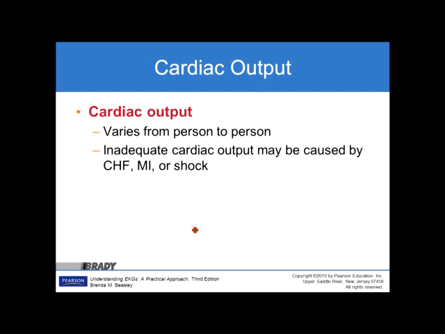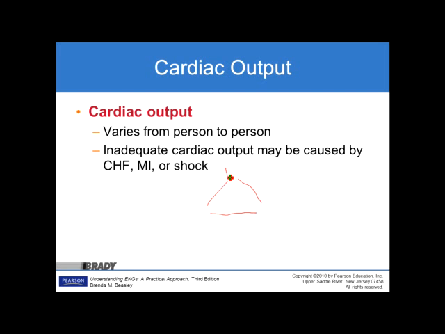Cardiac output varies from person to person. Inadequate cardiac output may be caused by congestive heart failure, myocardial infarction, or shock. Whenever we talk about cardiac output, there are three things that really mess it up, that we can always have problems with, or hypoperfusion states.